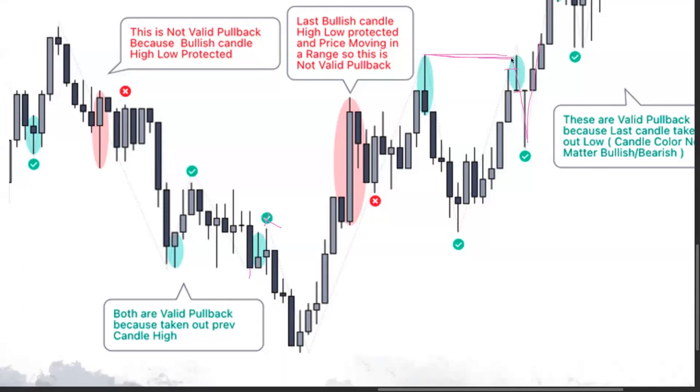Okay, so the recent candle's low is here, pullback and go high. Both candles are similar, so the last candle's high is taken out by the next candle. We need the last candle for the pullback marking. We need the recent candle, high or low.